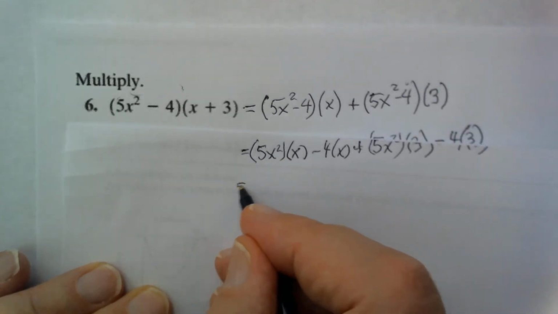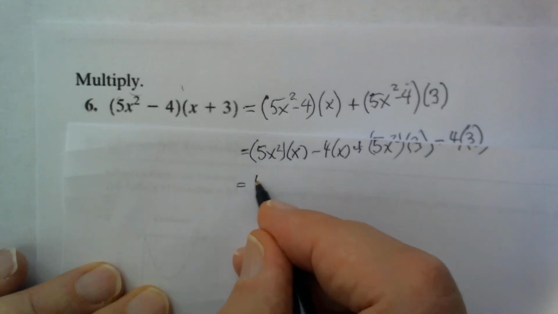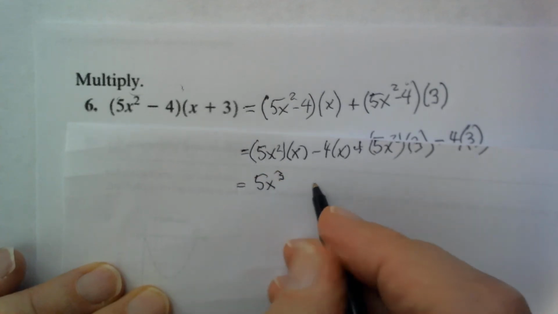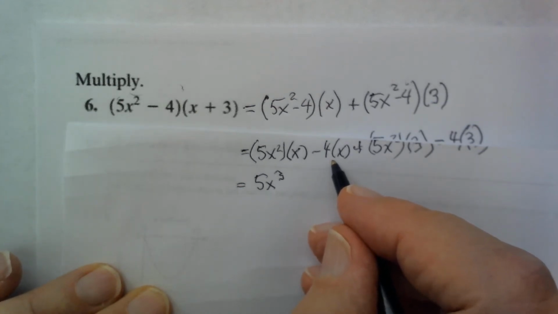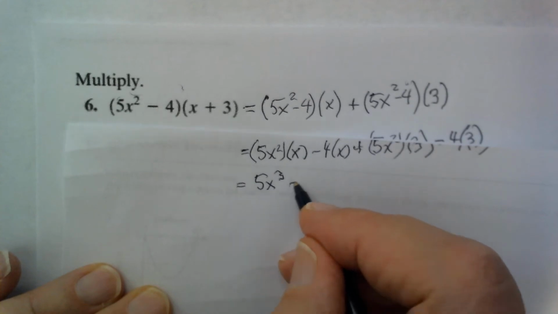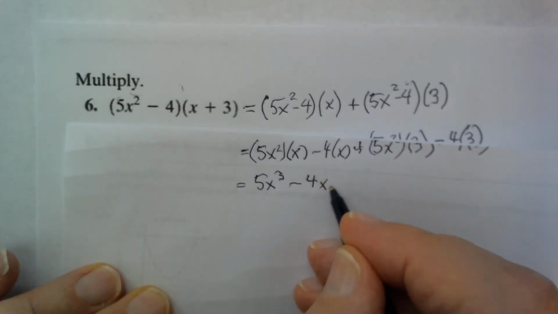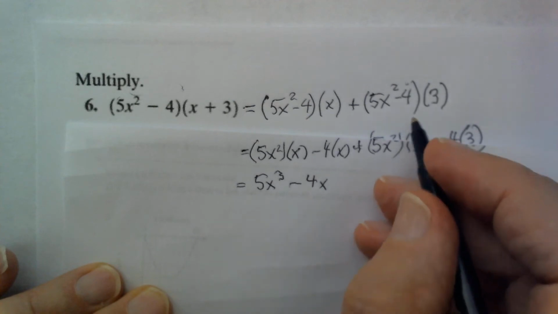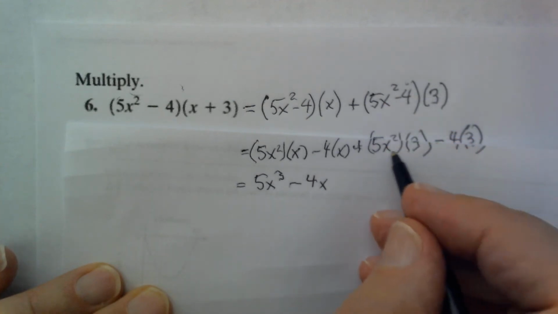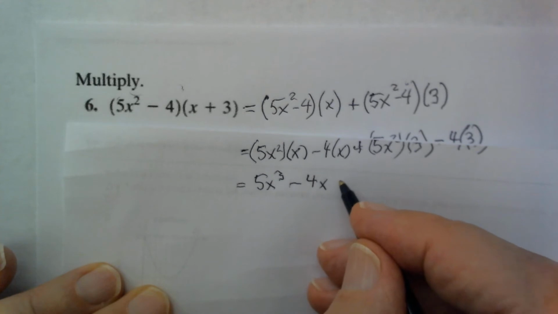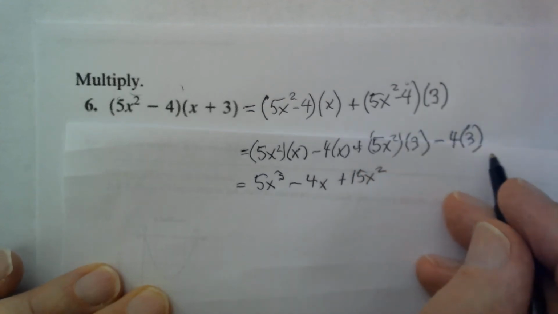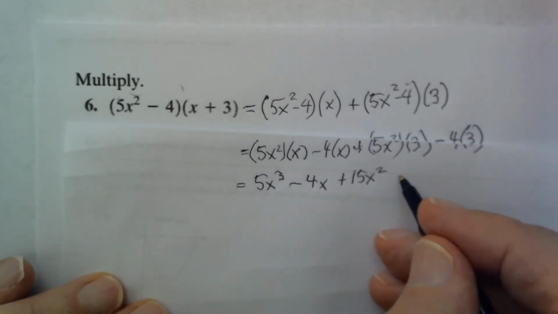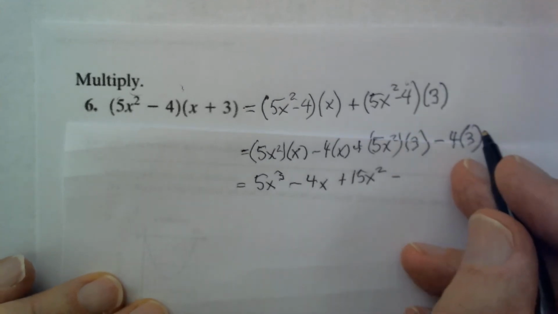So finally this becomes then 5x squared times x would be 5x to the third power. And minus 4 times x is simply minus 4x. And then we have 5x squared times 3 would be 15x squared. And then minus 4 times 3 would be minus 12.